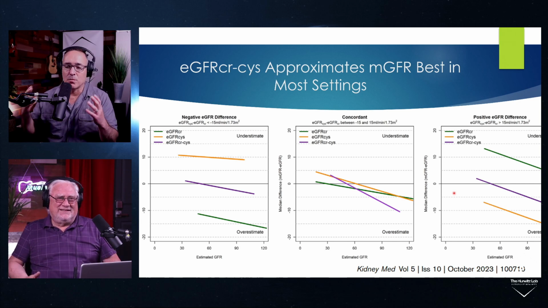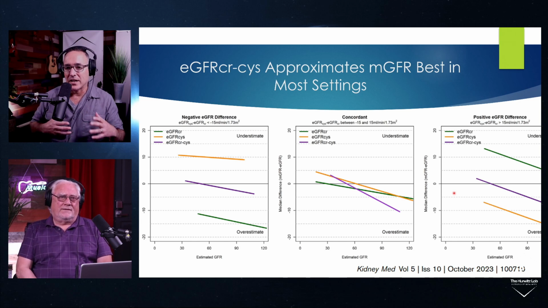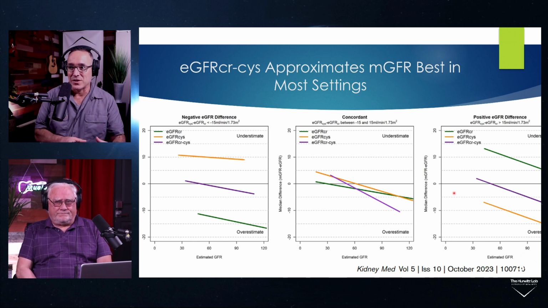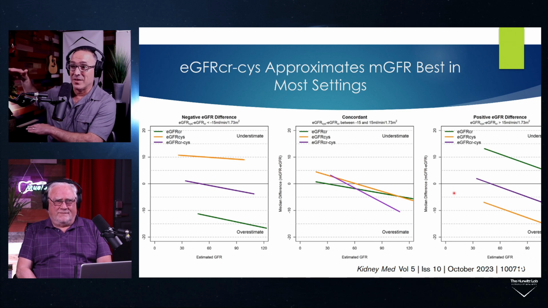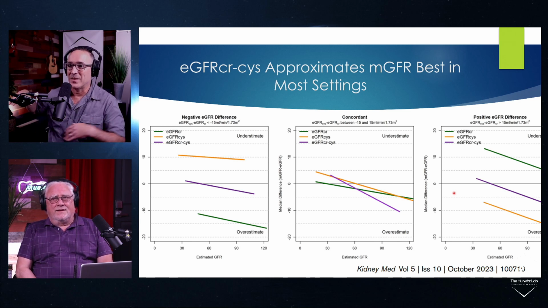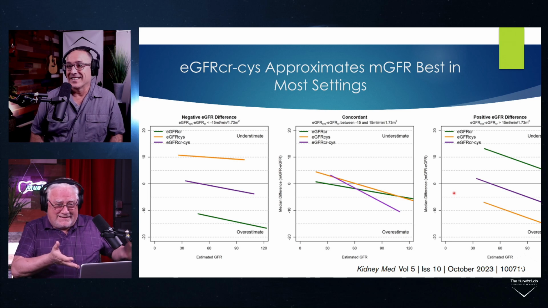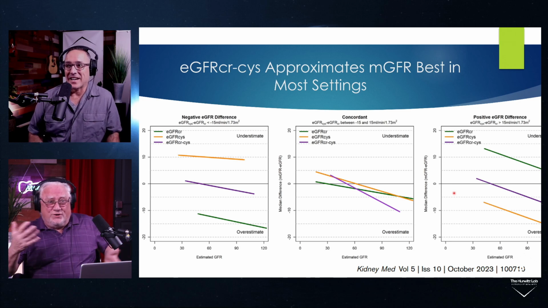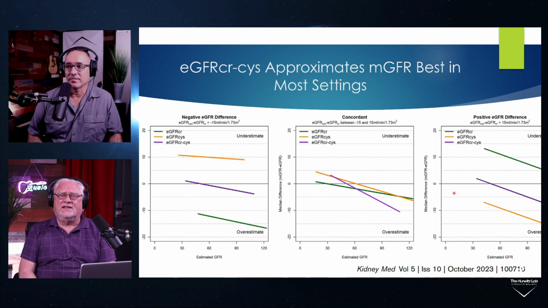But that also brings up this point that now we're managing people using this new version, but our interventions are based on these other buckets. So the buckets have changed a little bit. And that's what I was saying at the beginning. It's really confusing with all of these different things.